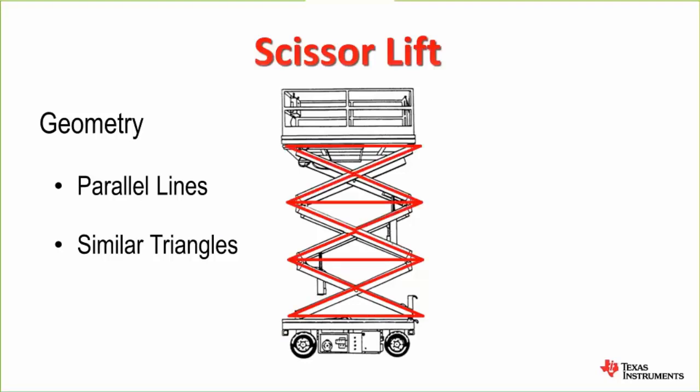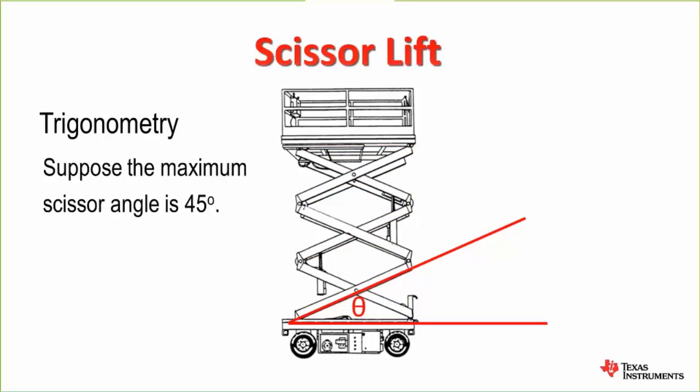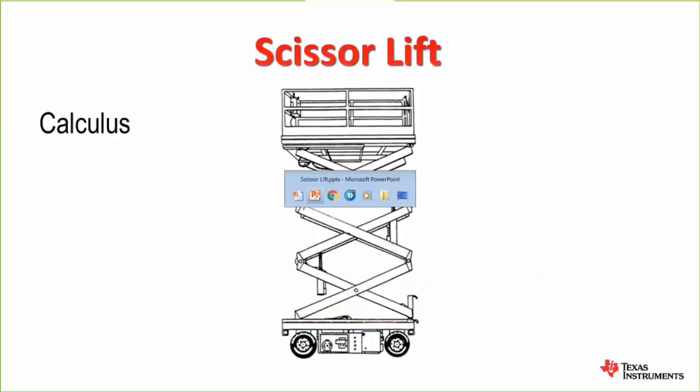That is key to understanding some of the calculus involved if you want to go into that shortly. A bit of trigonometry: we could look at, say, the maximum scissor angle. Let's suppose that was 45 degrees, and then determine the maximum height of your scissor lift. So something fairly easy for students to do. So what has all this got to do with our little innovator?